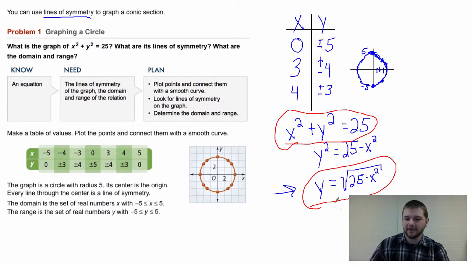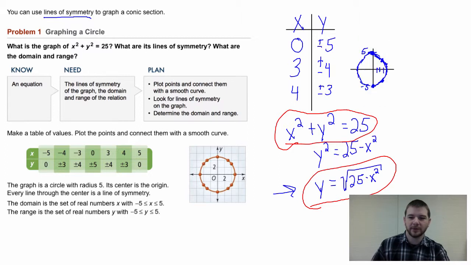You'd need to solve it for y or your output variable. Another thing to keep in mind is that graphing utilities graph functions. And notice this is not a function, right? It doesn't pass the vertical line test. A vertical line constructed in many locations would intersect this equation or this graph in multiple places.